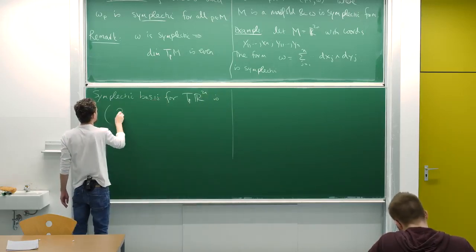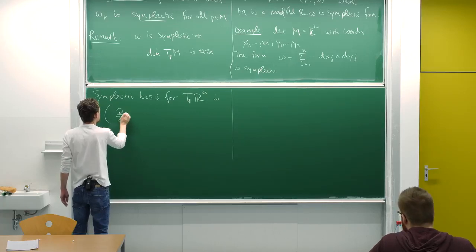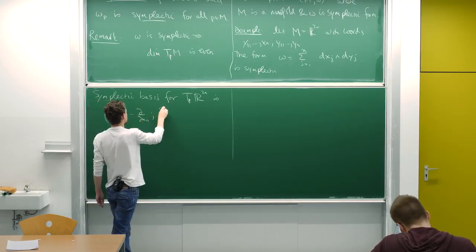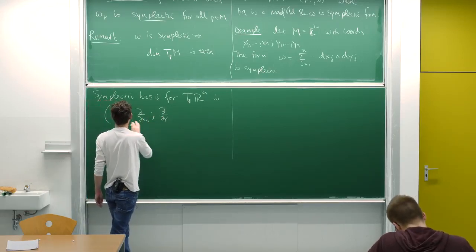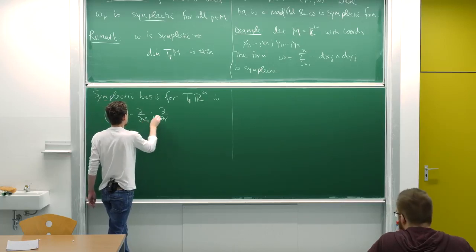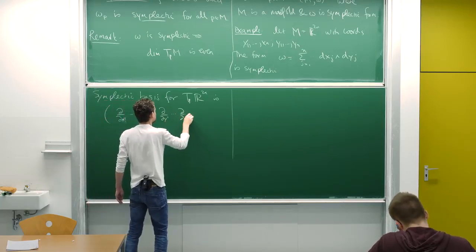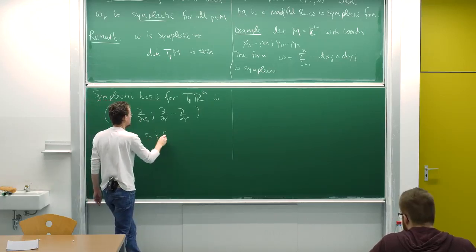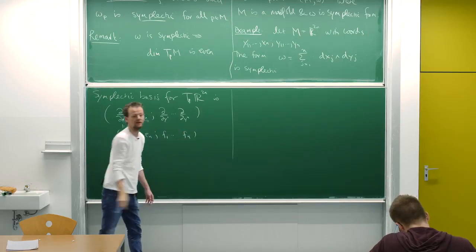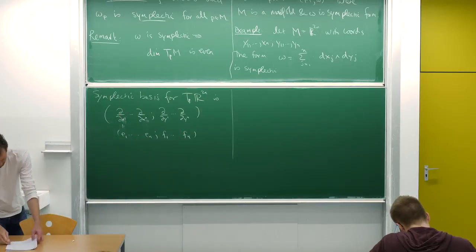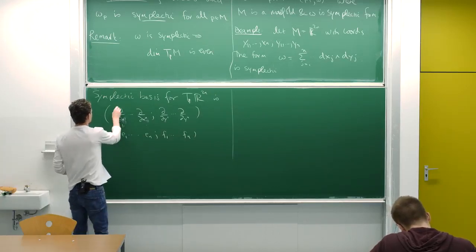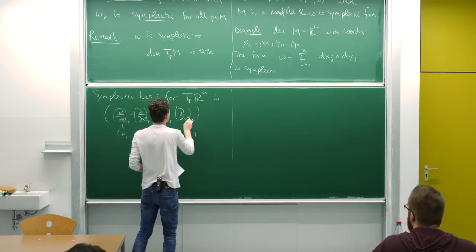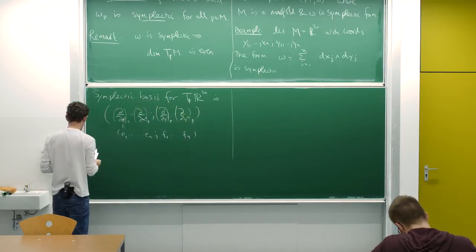So this basis is given by ∂/∂x1 up to ∂/∂xn and ∂/∂y1 up to ∂/∂yn, and these are like the e1's up to the en's, and the f1's up to the fn's. And this is all at the point p.